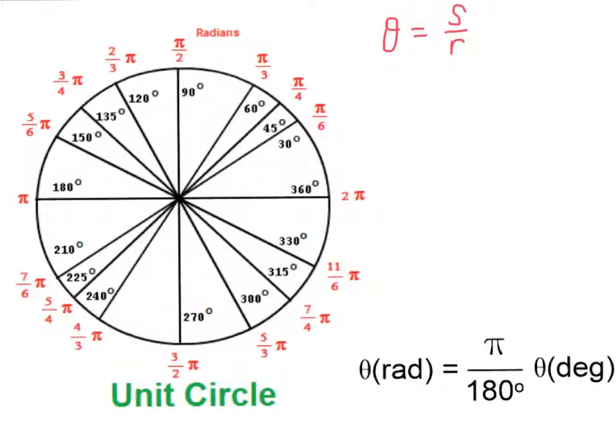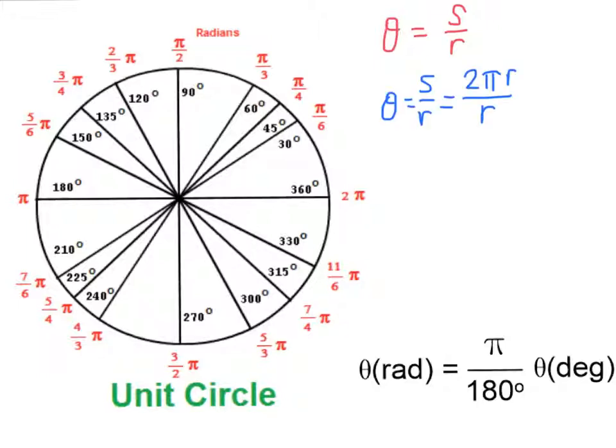If we think about our example of the light bulb once again on our Ferris wheel, and we move that Ferris wheel through a complete rotation, 360 degrees, the arc length, s, at that point, is equal to the entire circumference of the circle, which is 2 pi r.